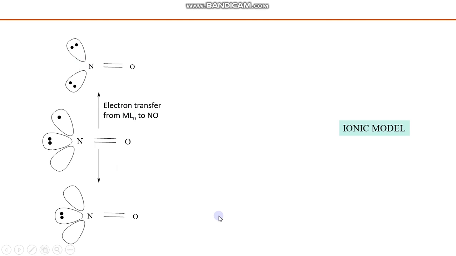On the other hand, if nitrosyl donates its electrons, the orbital will get empty since there is no change in hybridization, and because of this no change, we have to leave this nitrogen, oxygen, and electron pair undisturbed or in the same way as it was. And in this case, electron is transferred to metal ligand fragment, or electron is transferred to a metal.